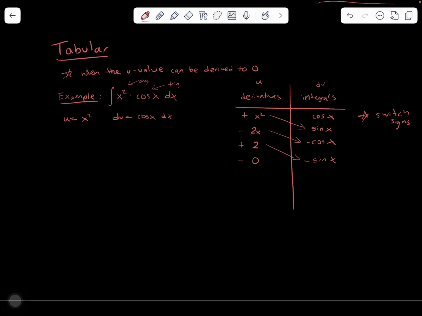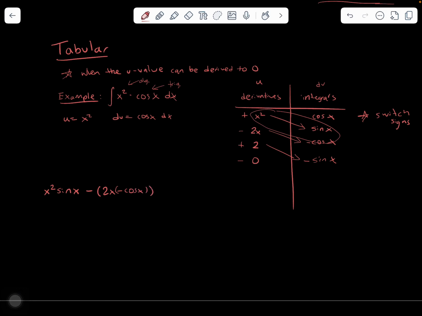So now we can multiply these terms together and add them all to get our final expression. So we'll start with this term, which is going to be positive, so it's going to be x squared sine x. Then we'll go to the second term, which is going to be negative this time, minus 2x times negative cosine x.